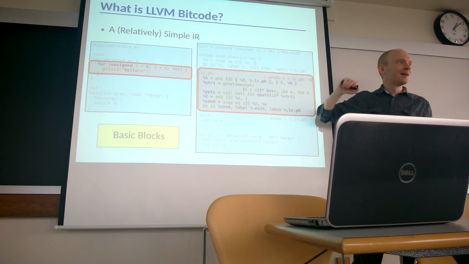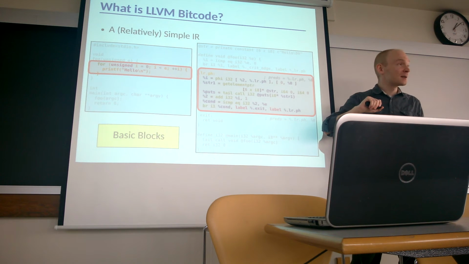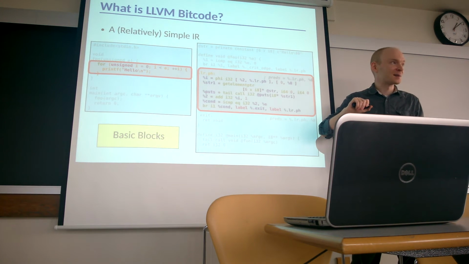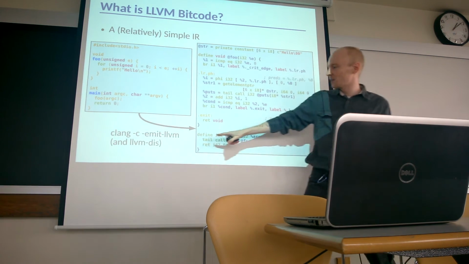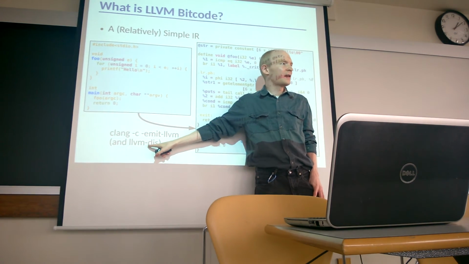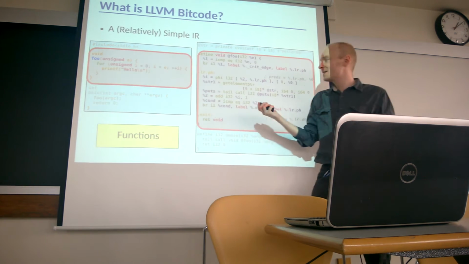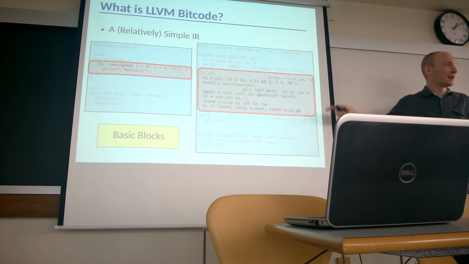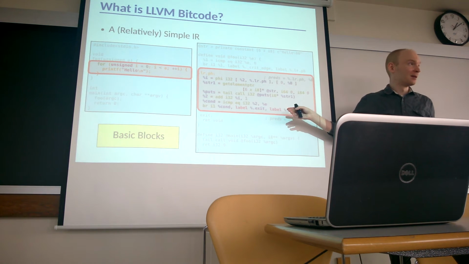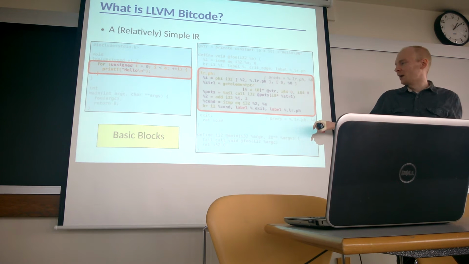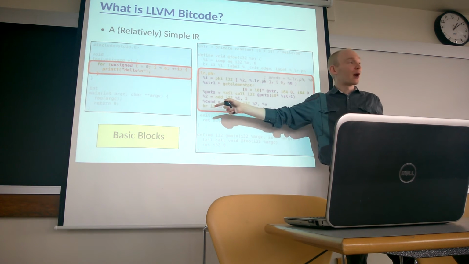It looks more like assembly language. It does look more like assembly language, yes. In fact, that's why the way to get this is LLVM disassembly. So this is the LLVM assembly language, essentially. It's a little bit better than assembly language. One, because you've got types. But also, br means branch. I like that.